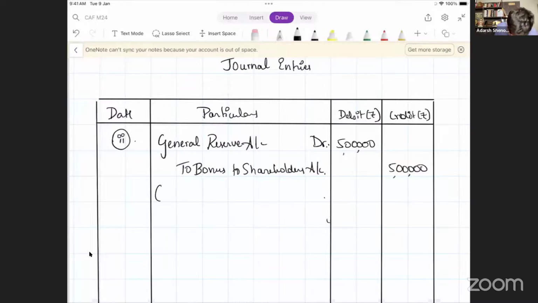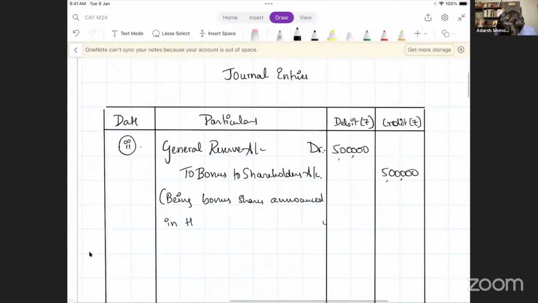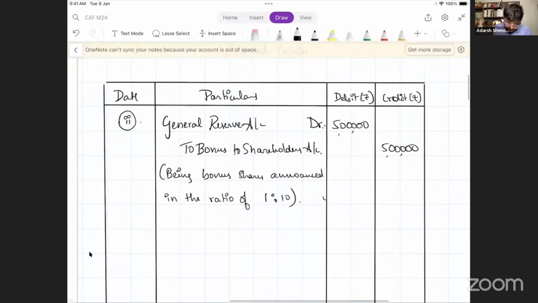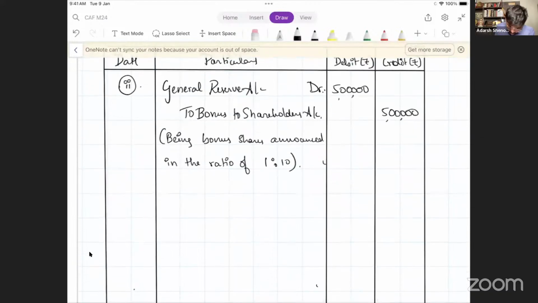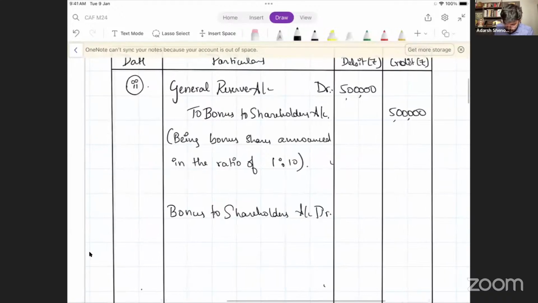Being bonus shares announced in the ratio of 1 is to 10, one for every 10 held. Done. Next, bonus to shareholders account debit, to equity share capital.